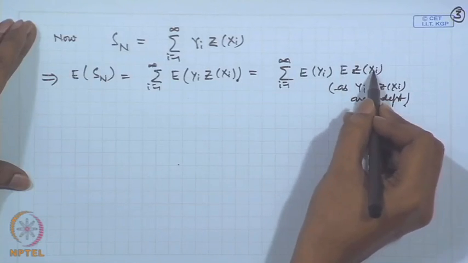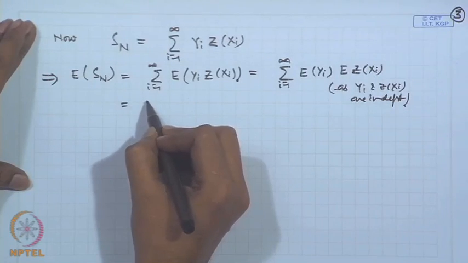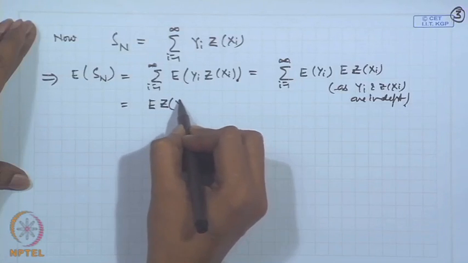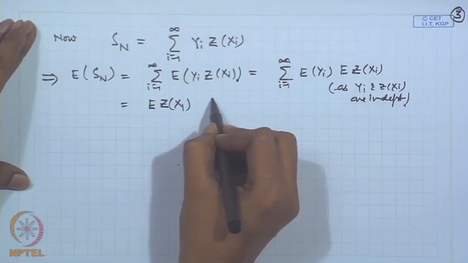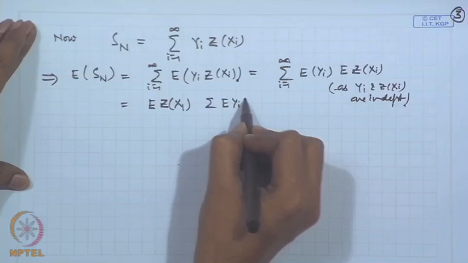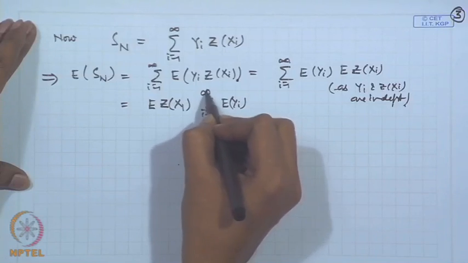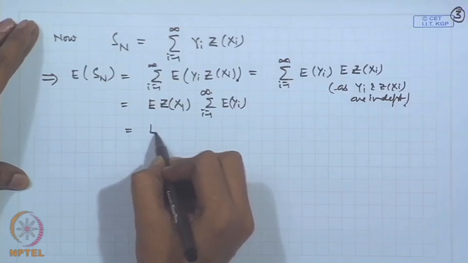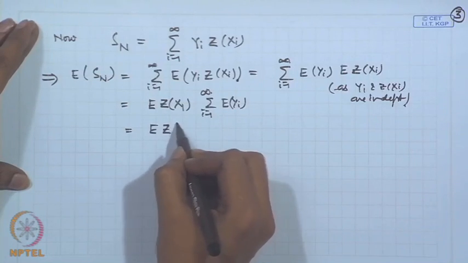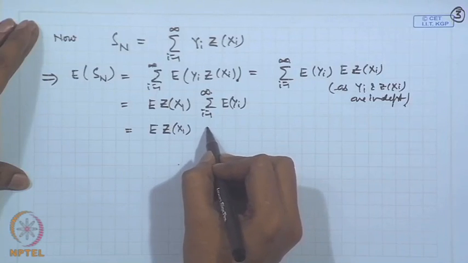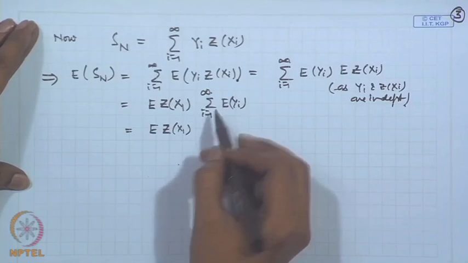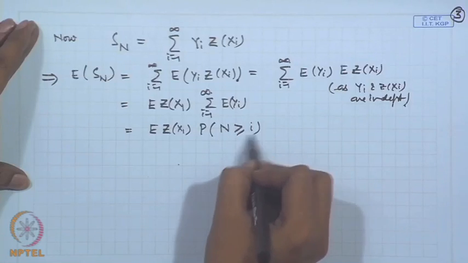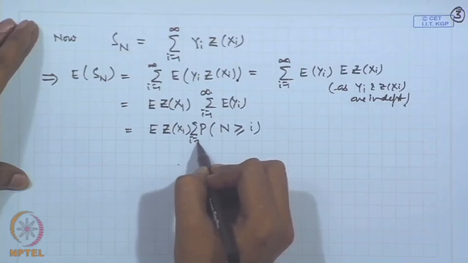Now, these x I's are i.i.d. So, I can write one of them. So, this is actually becoming expectation of, say, z of x 1 and the sum of expectation of y I, I from 1 to infinity. That is equal to expectation of z of x 1 into, now this term you can write as the sum of probability of n greater than or equal to I, I from 1 to infinity.